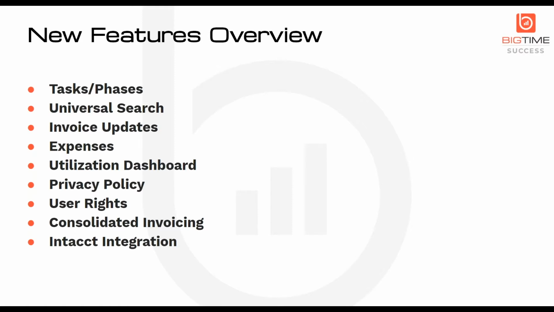We added some updates to invoices as well as expenses, our utilization dashboard. We have a privacy policy in addition to user rights. And towards the last part of the webinar, I will then cover consolidated invoicing, which is one of the larger features included in the release, and also briefly discuss our Intact integration. All right, so let's begin.